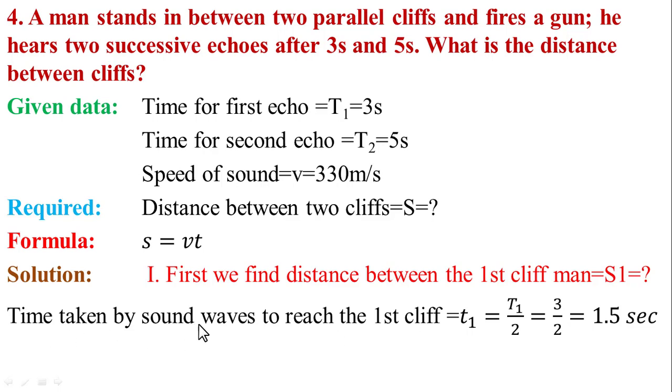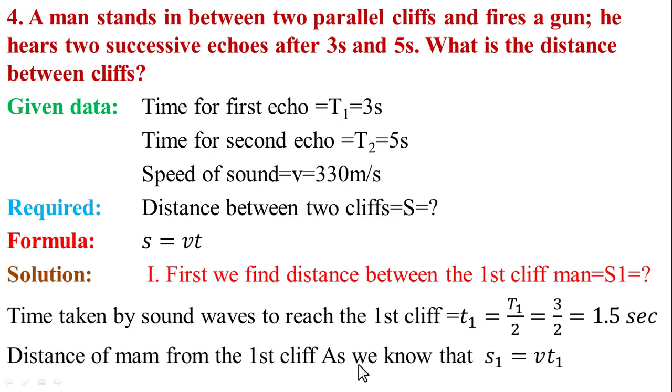The time taken by the sound to reach the first cliff is the total time T1 divided by 2, because the sound produces an echo, so the time is halved. Then t1 is equal to 3 divided by 2, that is equal to 1.5 seconds.